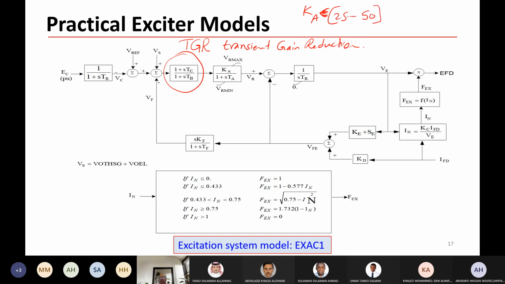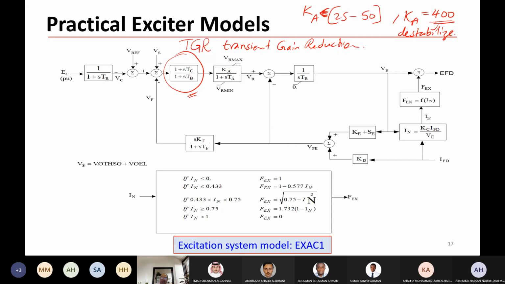I mentioned that at this point we can have KA equal to 400, right? But this will destabilize the system. Now we have two conflicting objectives. We don't need the KA to be higher, but we also need to improve or to speed up the response to any deviation in the terminal voltage. So this block will solve this dilemma.